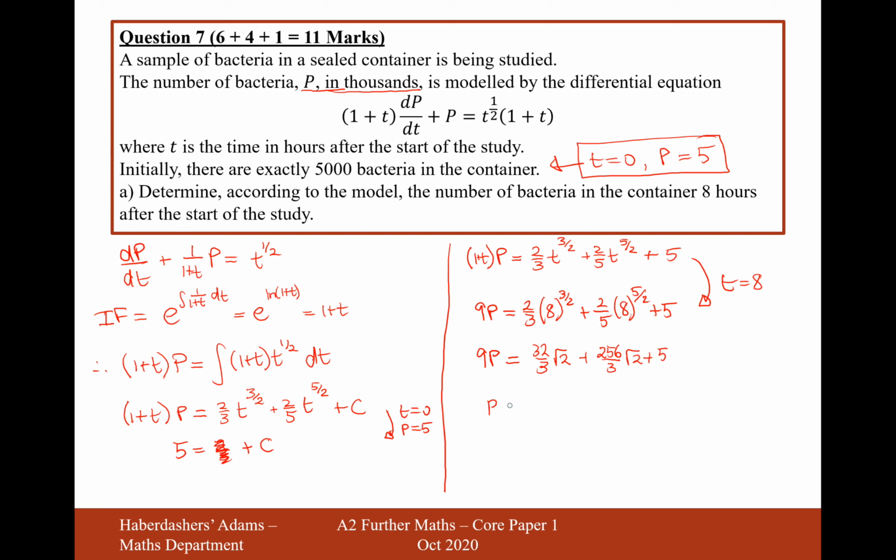So if we group all of this together, group the root 2's together and divide by 9, we get 928 over 135 root 2 plus 5 over 9. So that's approximately equal to 10.3 to 3 significant figures, which in terms of the context of this question is about 10,300 bacteria. Okay, so there we are, that's the answer to part A.